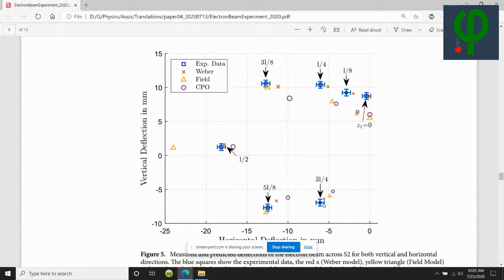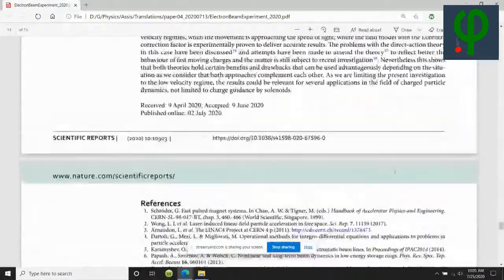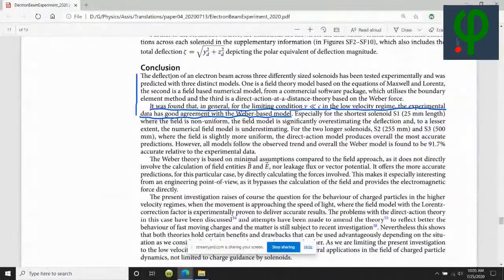And so anyway, their conclusion is, in part, the deflection of an electron beam across three different size solenoids has been tested experimentally and was predicted with three distinct models. One is a field model based on the equations of Maxwell and Lorentz. The second is a field-based numerical model from a commercial software package, which utilizes the boundary element method.